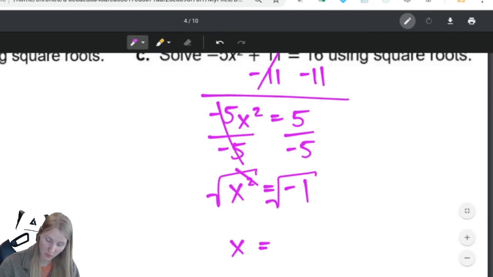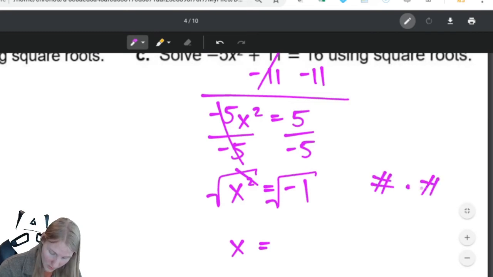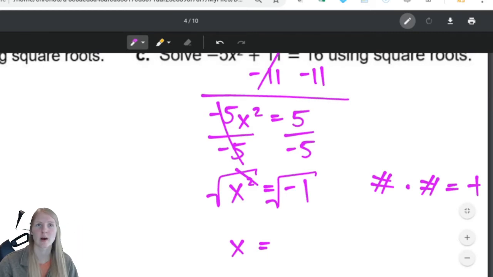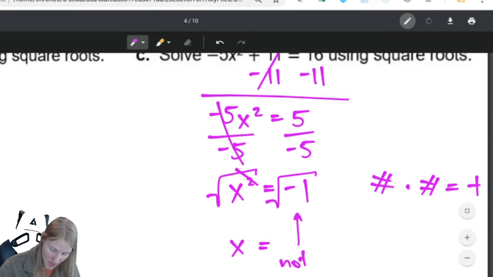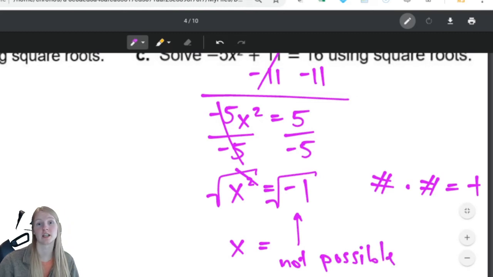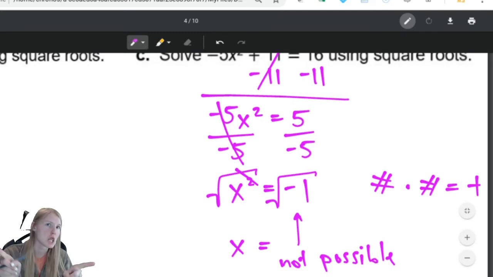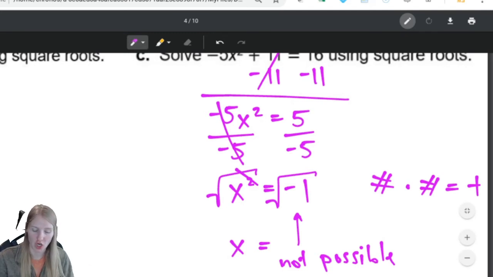Not possible, because remember, if I take a number times itself, it has to be positive. It cannot be negative. So taking the square root of a negative number is not possible in the real world. If you want to go into the complex world, then we can talk. But in the real mathematical world, this is not possible.